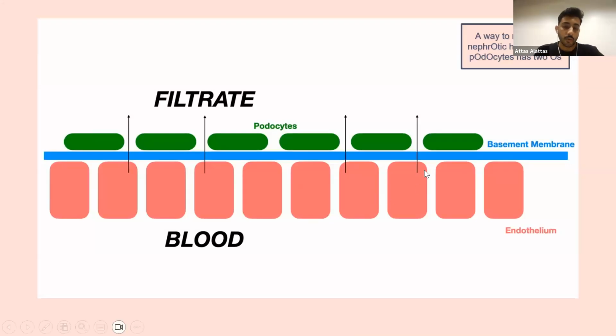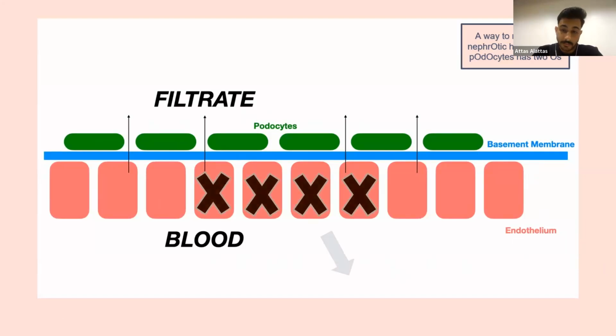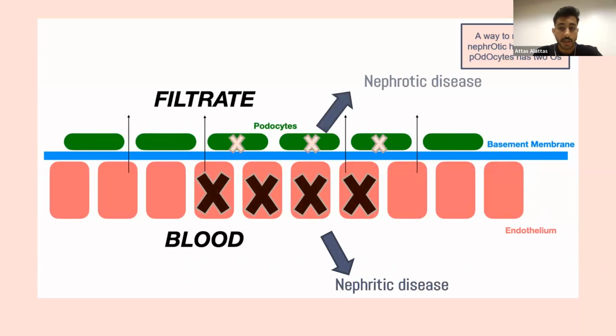Remember that the filtration barrier has three layers: the endothelium from the capillary side, then the basement membrane, and then the podocyte. If there's an injury to the endothelium, it will be called nephritic. However, if the injury is in the podocyte, it will be called nephrotic. The way I like to remember this is nephrotic has an O and podocyte has an O.